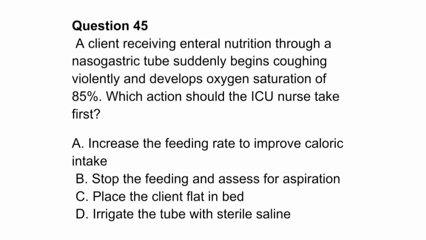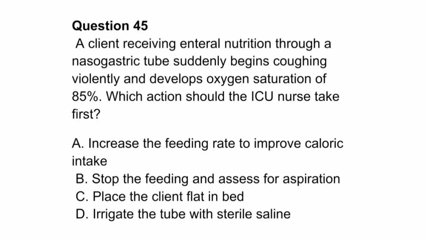Question 45. A client receiving enteral nutrition through a nasogastric tube suddenly begins coughing violently and develops oxygen saturation of 85%. Which action should the ICU nurse take first? A. Increase the feeding rate to improve caloric intake. B. Stop the feeding and assess for aspiration.